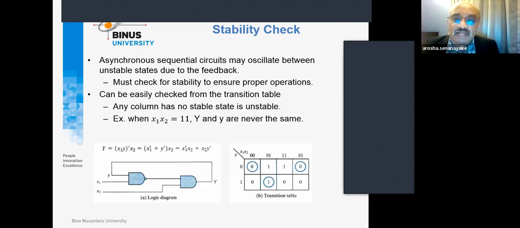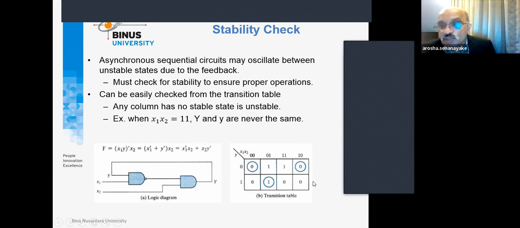So what are the conditions that produce unstable states? Any column that has no stable state, we consider as unstable. For example, in this particular circuit, again, I'm not going to explain all of them. If you look at these two rows, we are looking at columns.